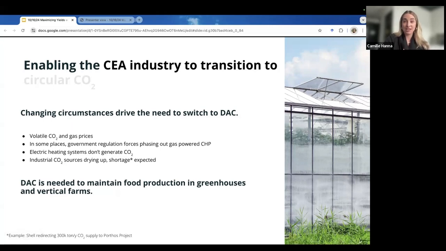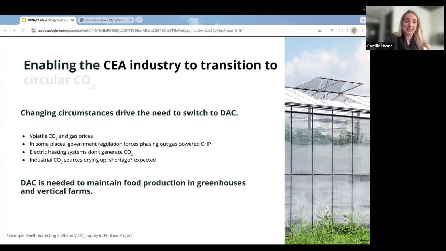Electric systems cannot create CO2, so there needs to be some solution to have CO2 that's affordable, to actually bridge that gap. And ultimately, the CO2 is drying up in many cases. So direct air capture, in our perspective, is really crucial in maintaining the CEA industry and making sure that vertical farms and greenhouses can stay in operation.